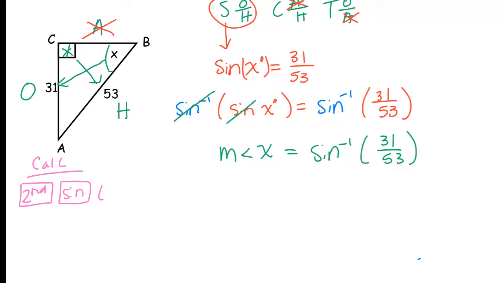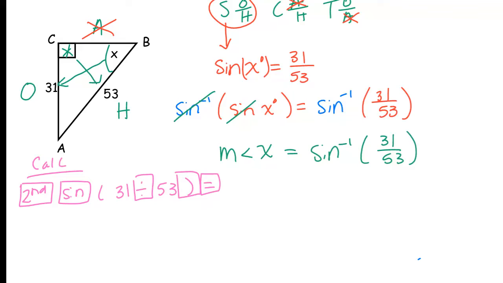Then you're going to type in the fraction 31 divided by 53, and then you're going to close the parenthesis and press equals. Okay, that's how you plug it in the calculator. You're going to go second sine. It'll automatically open a parenthesis, so then you're going to go 31 divided by 53, close the parenthesis, and then press equals.